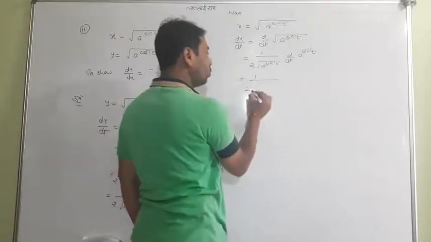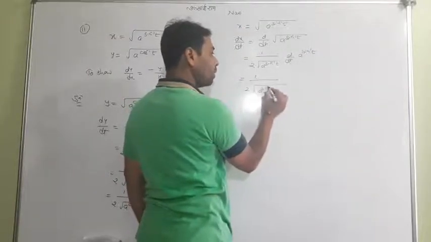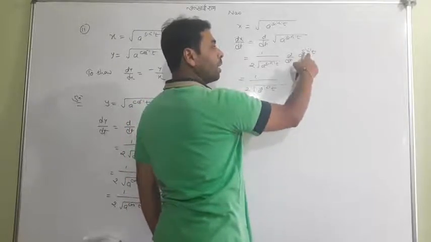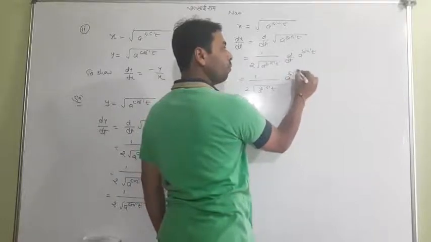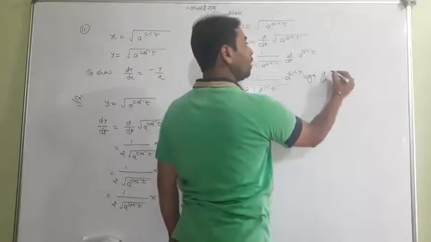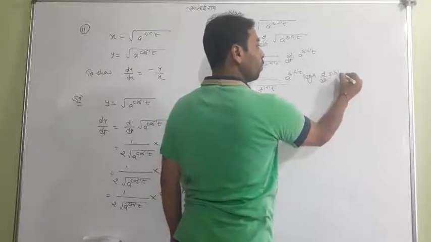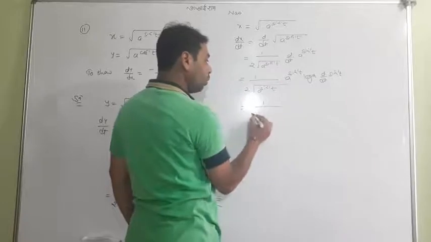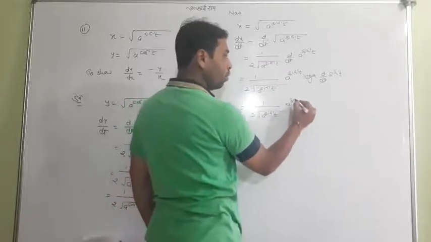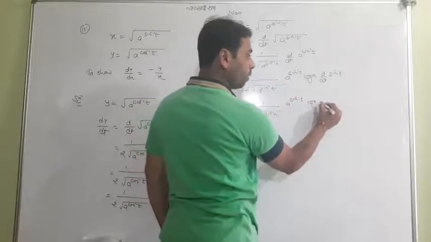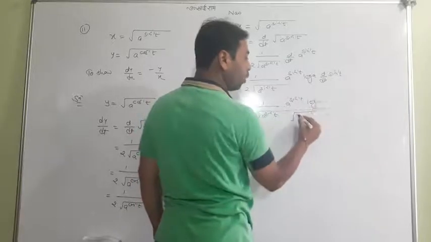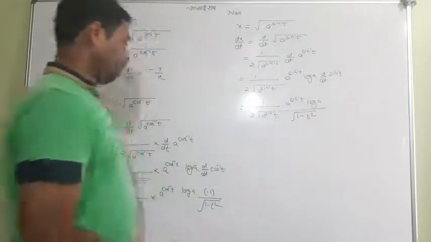Then 1 upon 2 into a to the power sin inverse t, having differentiation a to the power sin inverse t into log a, and again differentiation of sin inverse t, which is 1 upon root 1 minus t square.